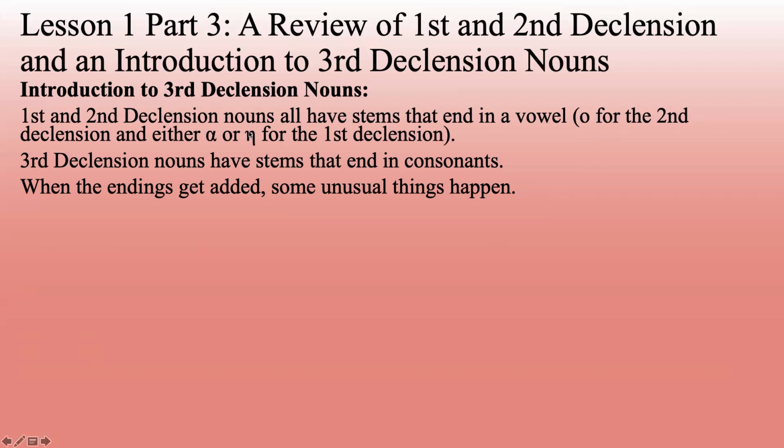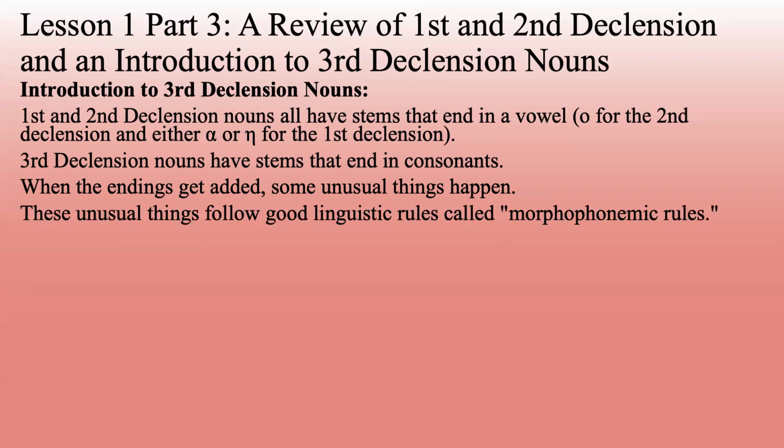Same for the alpha and the eta; even though those are two slightly different vowels, they're very similar. So all of the words in the first declension had all of the same weird irregularities, with the exception of the masculine. But because there are so many different consonants that can be at the end of the stem, there are tons of unusual things that can happen when the endings get added.